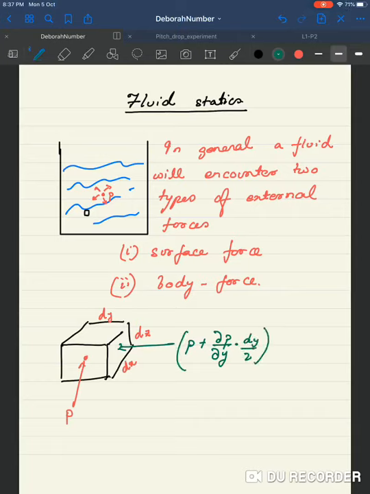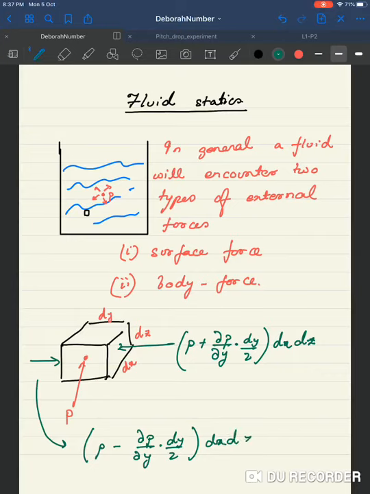This is the pressure, so to find the force, you multiply it by the area. And similarly on this face, this will be P minus del P by del y into dy by 2, times dx dz.